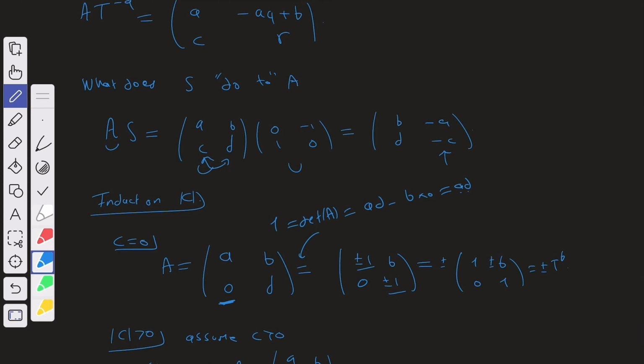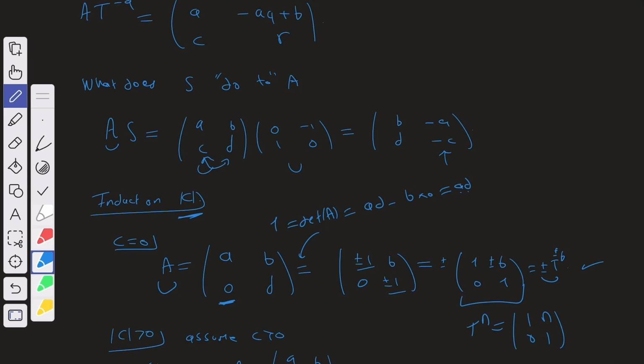If you remember that T to the n is just (1, n, 0, 1), you will see that this is just plus or minus T to the power plus or minus b. We've just written A as a quote-unquote product of matrices T and S, though this is a simple product that has no S's in it. So this serves as a base case if we choose to induct on C.